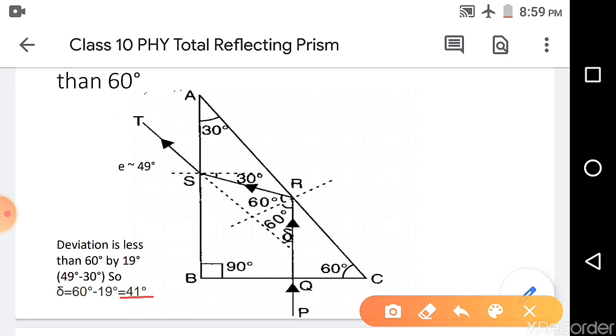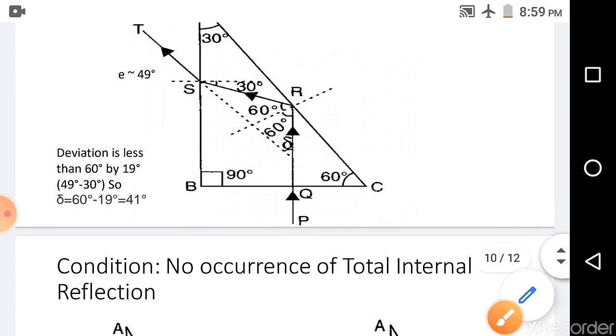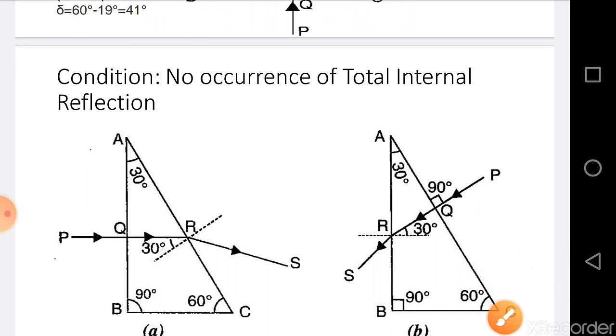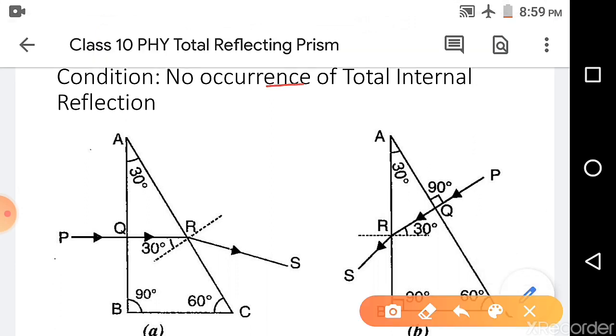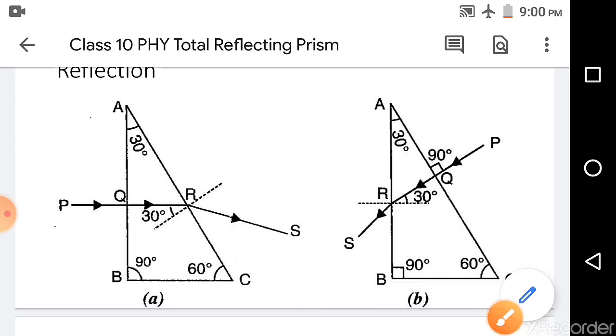Now come back to the next topic, the condition for no occurrence of total internal reflection. We have two prisms and two incident rays from two different directions. For this prism, the position of the prism is the same.